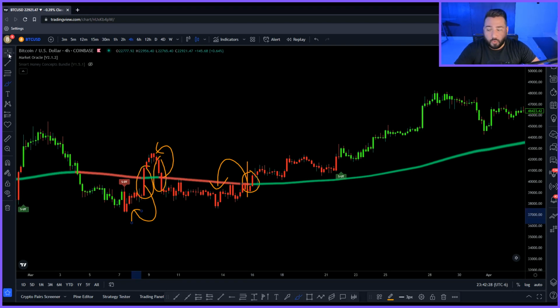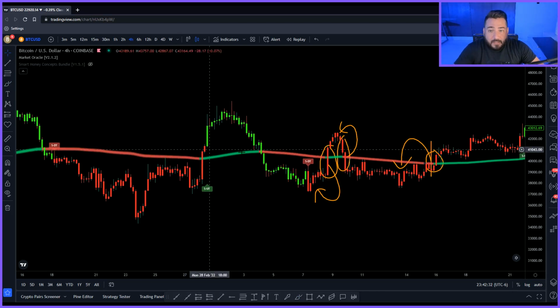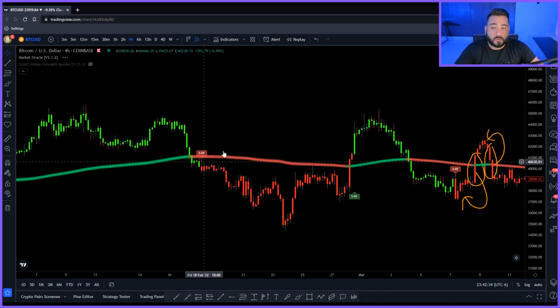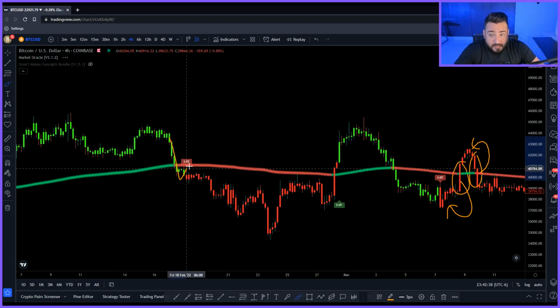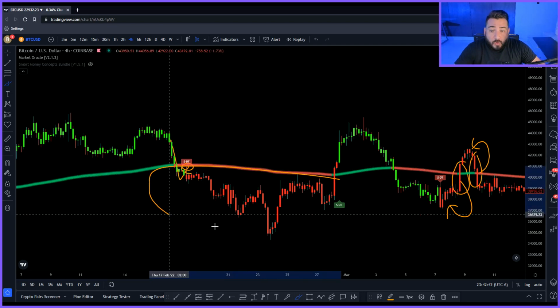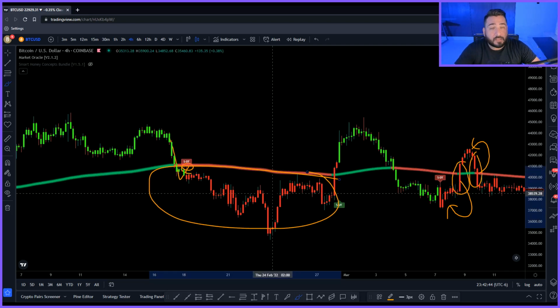It is not a rule, but it usually happens so often that we can basically predict when it's going to happen, right? Once again, it is not about the breakout, it's about the retest, right? And once we break below, we can start thinking that we're in a downtrend, right?